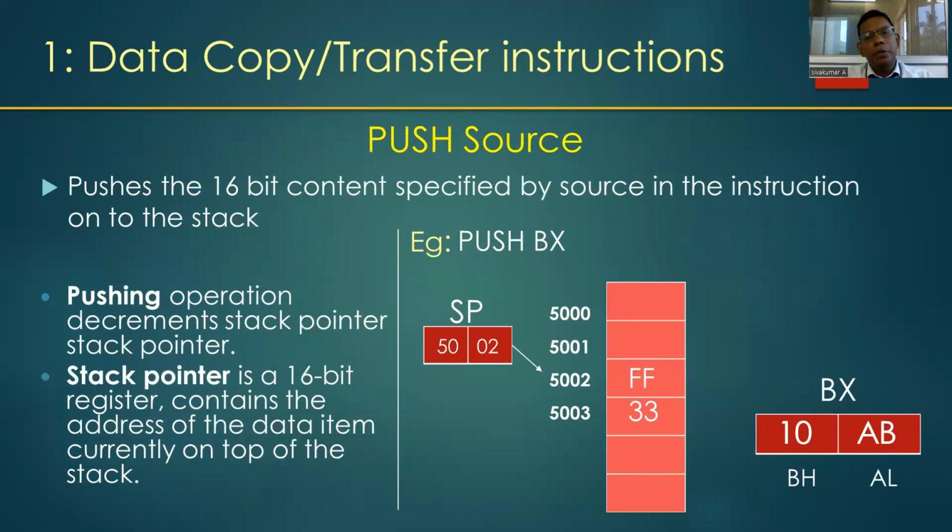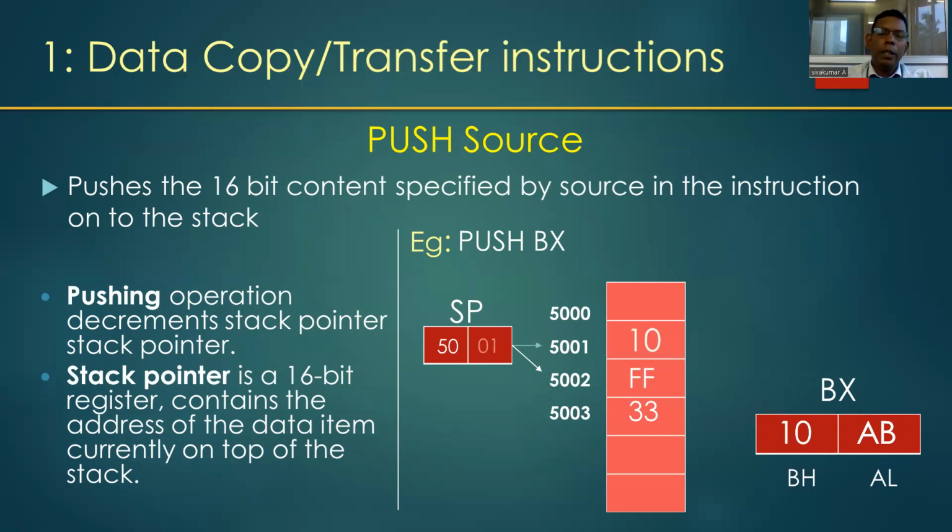The next example is PUSH. It pushes the 16-bit content specified by the source in the instruction onto the stack. Initially the stack pointer points to 5002. After the push operation, the data will be stored in 5001 and 5000.